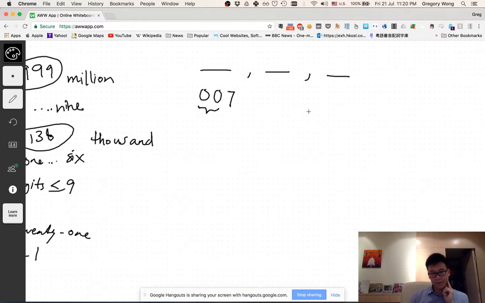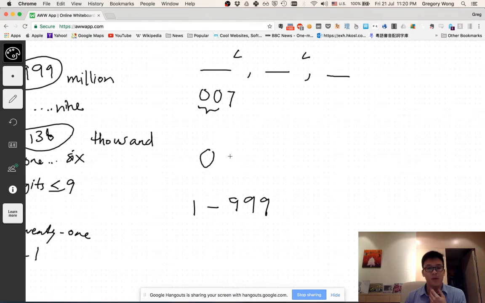So basically, ignoring the special cases, we only need to come up with translations for numbers from 1 to 999, and then we add the special units to that.